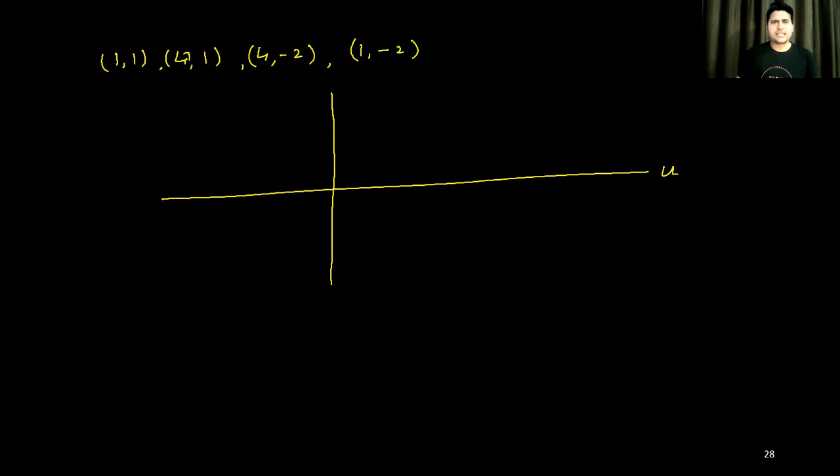This is U axis, this is V axis. So the first point is, let us draw the points 1, 2, 3, 4. On Y axis, we are having 1, 2. This is V axis. 1 comma 1 will be over here. 4 comma 1 will be over here. 4 comma minus 2, that is the image of this point along U axis. 1 comma minus 2 will be over here.